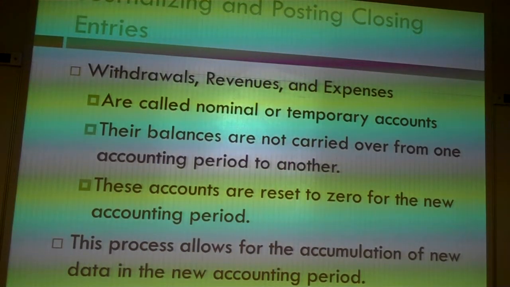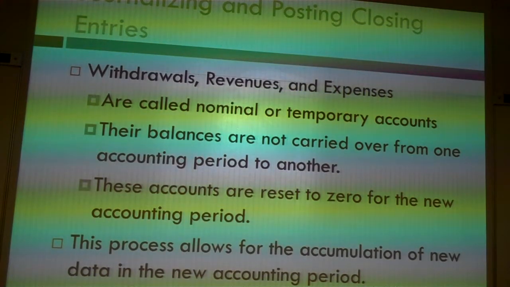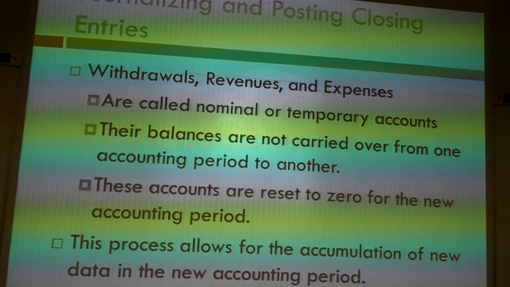The withdrawals, the revenue, and the expenses are the accounts that are called temporary accounts. Now, the revenue and expenses are on the income statement. The withdrawal is not on the income statement, but we use that withdrawal account on the statement of owner's equity.